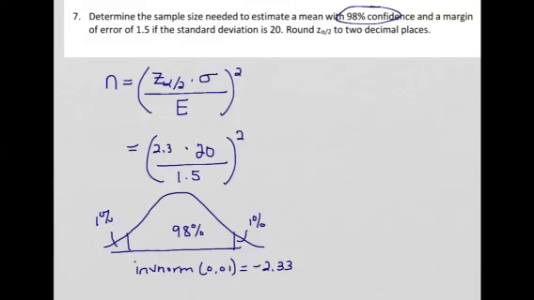So I'll put 2.33 in for z. And when I calculate this, I get 965.13777778, and that becomes 966. So that's how you work those problems.